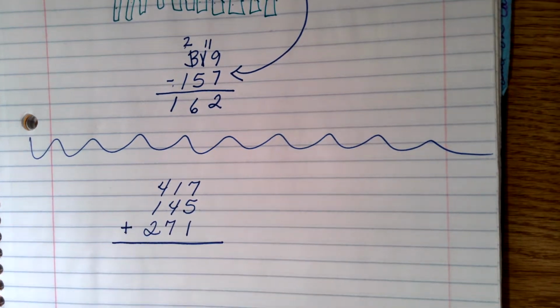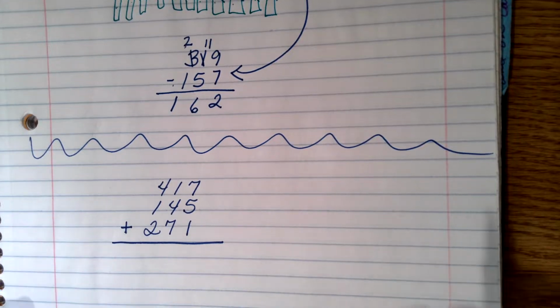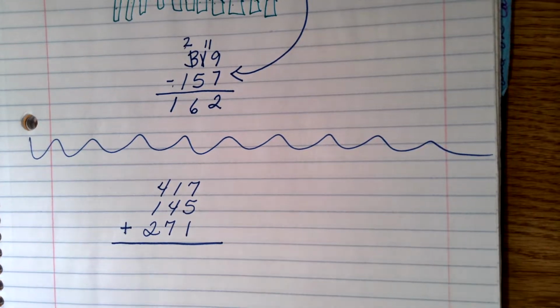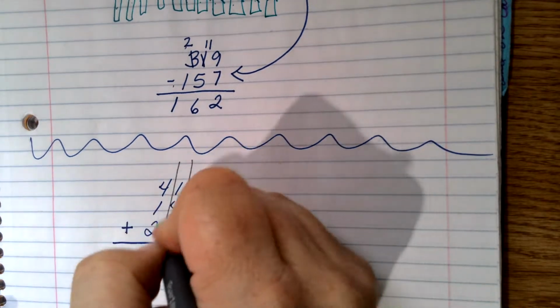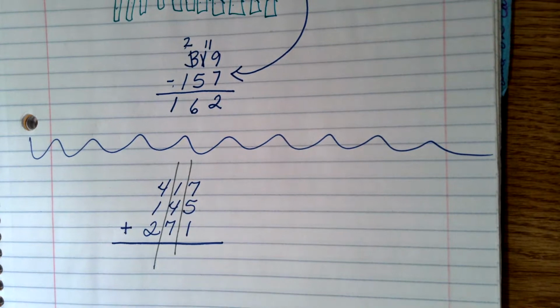Okay. So we can sit and draw out all the hundreds, tens, and ones for this, or we can just look by each place value again and look to see what we need to do. So here's our ones, our tens, and our hundreds. We always start with our ones.